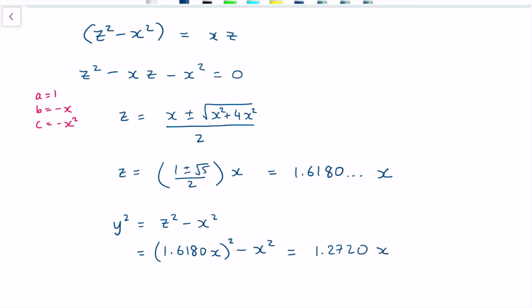I'm going to have to square root that. So that's my y value.